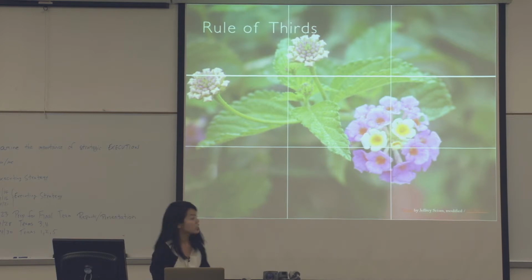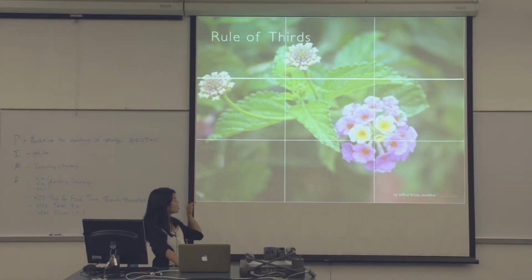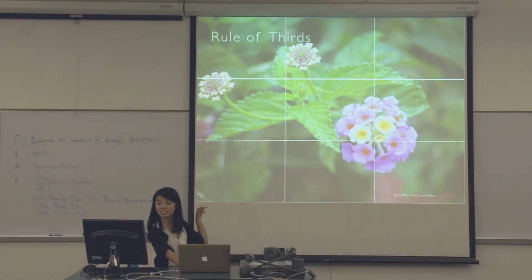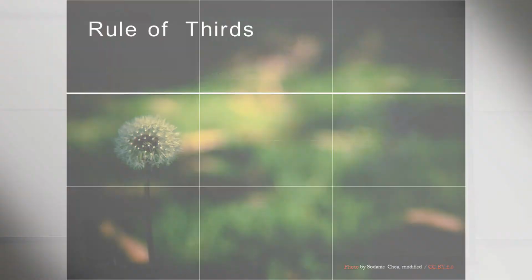So studies show that when you're viewing images, people's eyes naturally go to these points of intersection. They tend to look at these points of intersection more naturally than they do if you place something right in the middle. And so this is an example of how the rule of thirds is used.